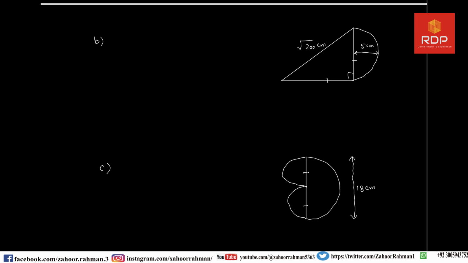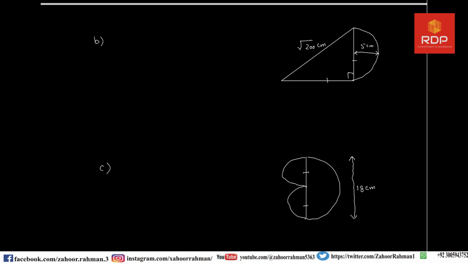Now in part number B, they have given us two figures combined. One is a semicircle and the other is a right angle triangle.